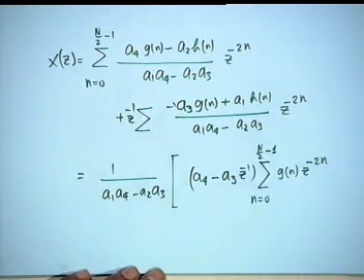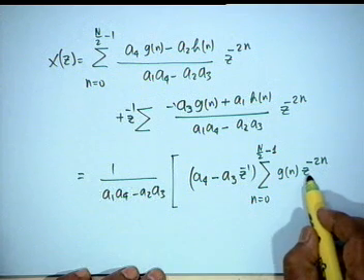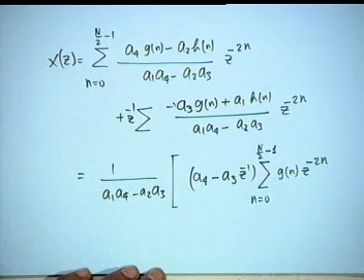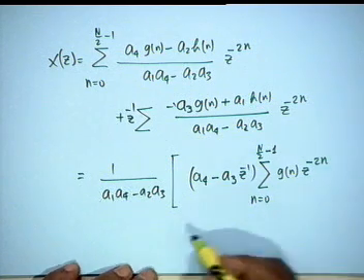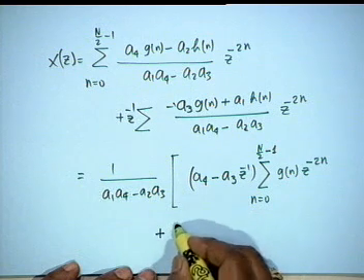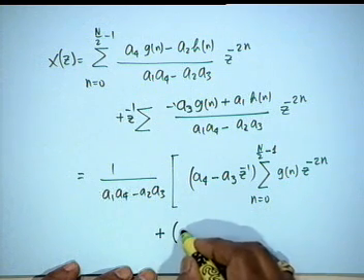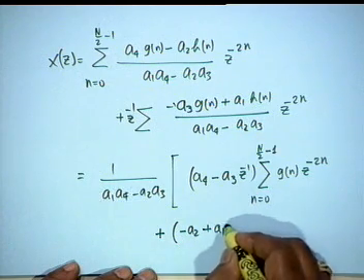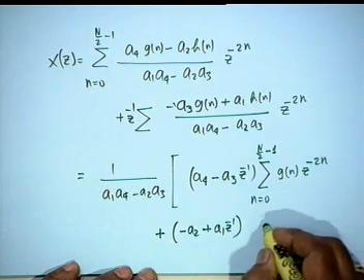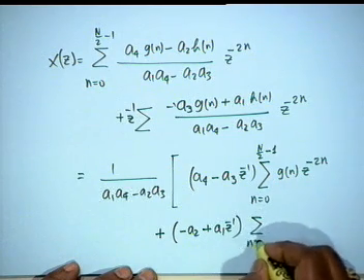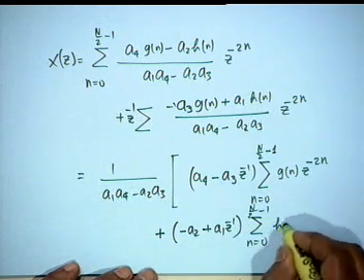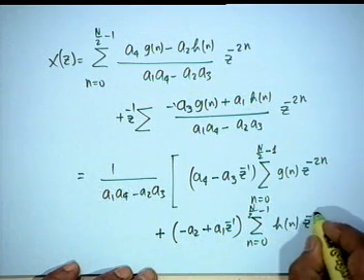You see the summation limits are okay, n by 2 point has already come, and instead of z to the minus n I have z to the minus 2n, and therefore I have already got what I need to do, plus minus A2 plus A1 z inverse multiplied by summation n equal to 0 to n by 2 minus 1 hn z to the minus 2n.